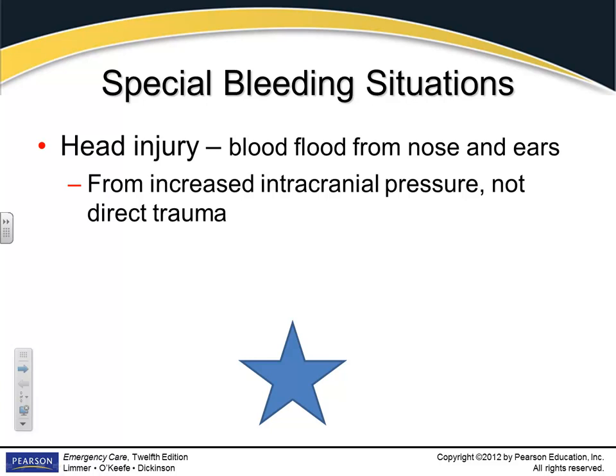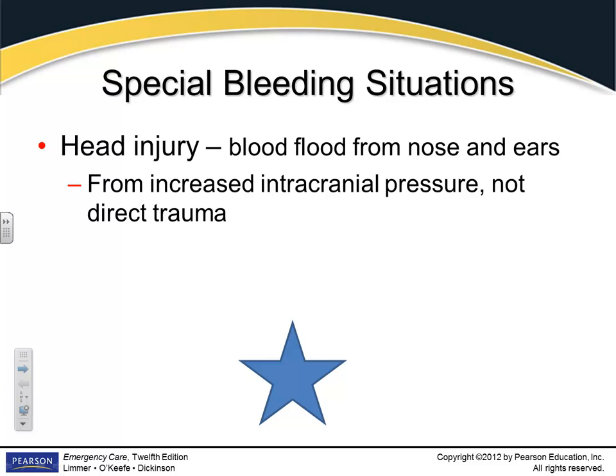Let me back up. Nose and ears, if you got blood from those areas, it's probably due to a skull fracture, brought about because of intracranial pressure inside the head. If it's a nosebleed from a blow to the face, that's different than a nosebleed from a head injury.